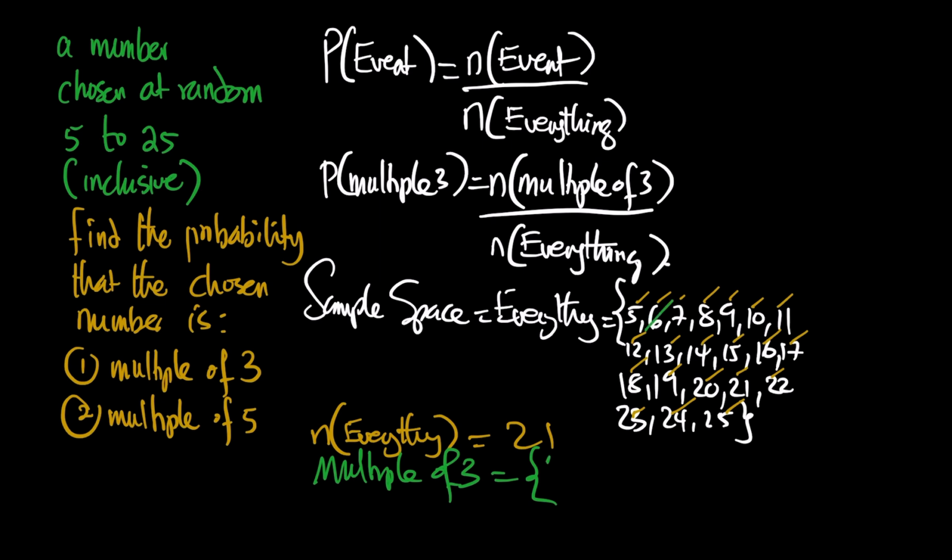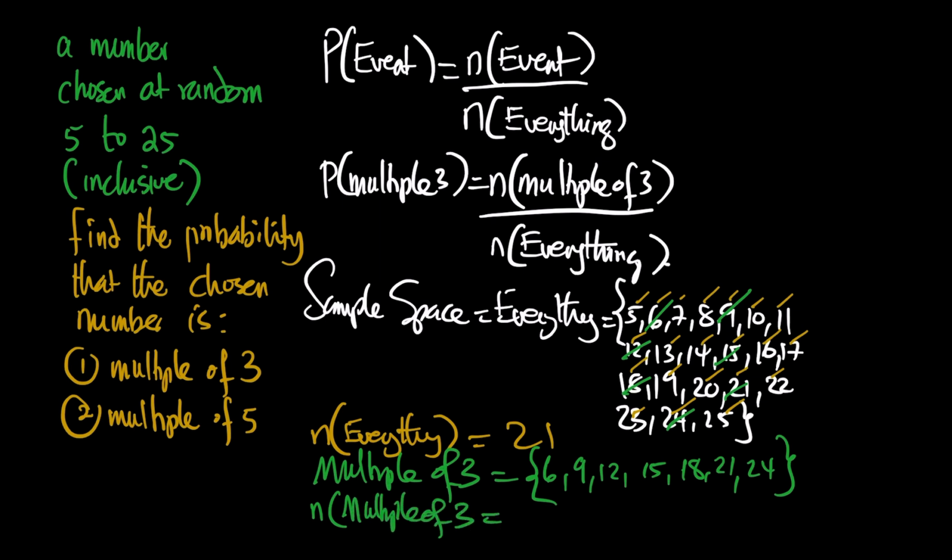The next one is 9, which is also there. The next is 12, then 15, then 18, then 21, then 24, and it ends there according to the sample space. The number of multiples of 3 here is 1, 2, 3, 4, 5, 6, 7. There are 7 items.